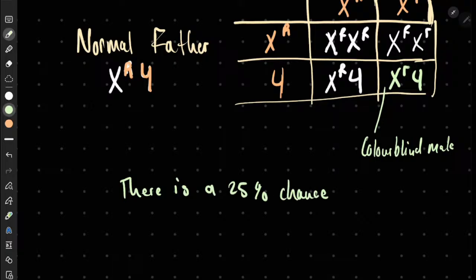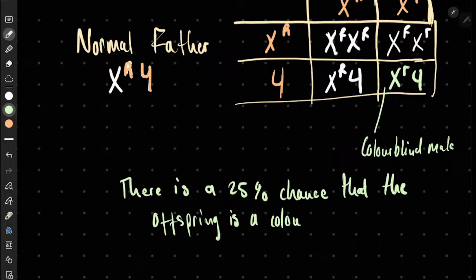They ask for probability, okay? That the offspring is a color blind male.